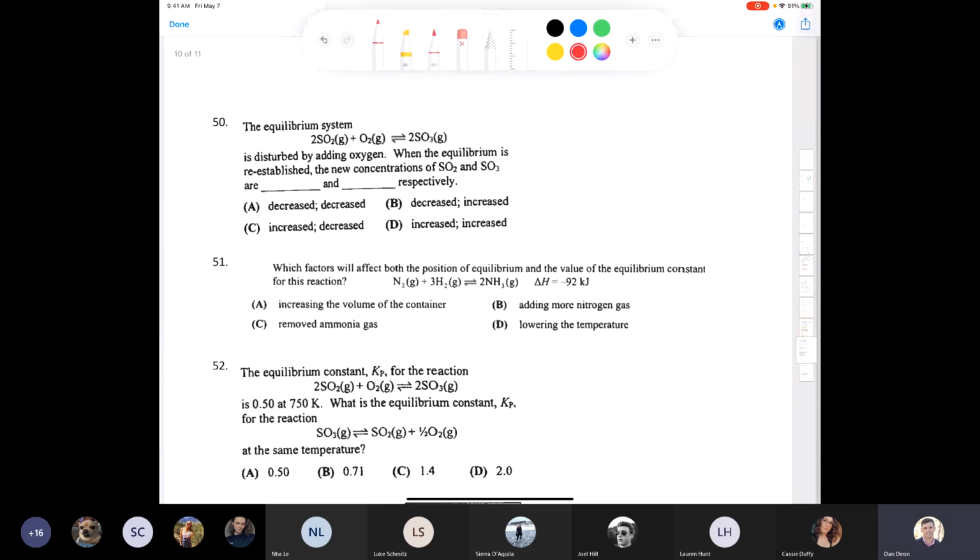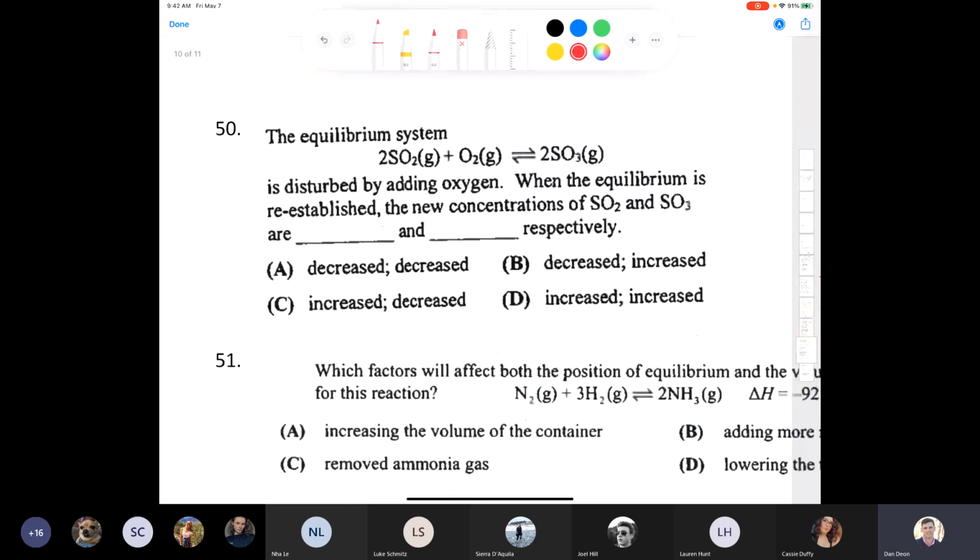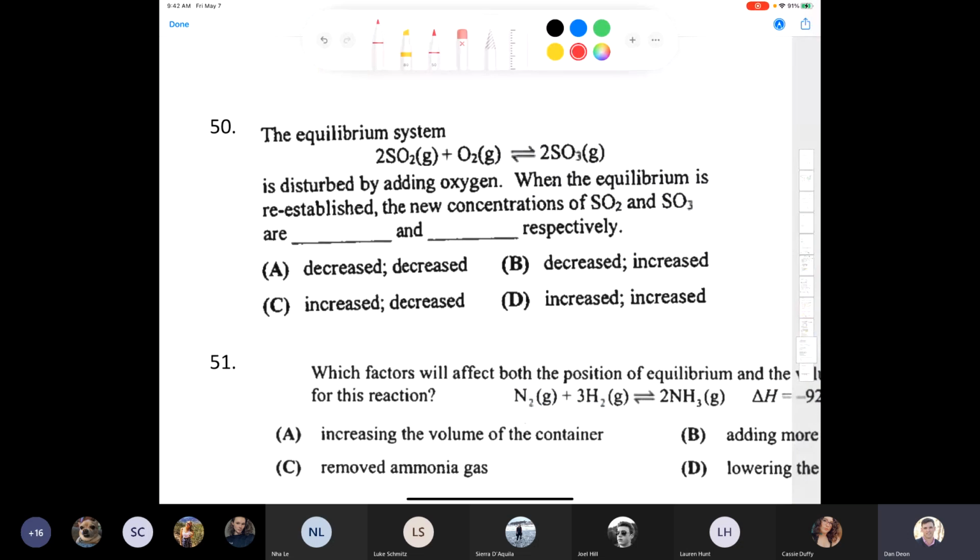Question number 50. We have this system in equilibrium. We have 2 sulfur dioxide plus oxygen produces 2 moles of sulfur trioxide. The equilibrium is disturbed by increasing the amount of oxygen. When the equilibrium is reestablished, the new concentrations of SO2 and SO3 are increased and decreased, decreased and increased, and all kinds of stuff.